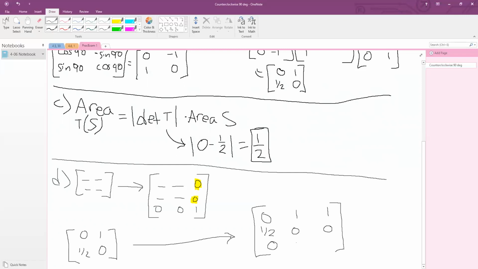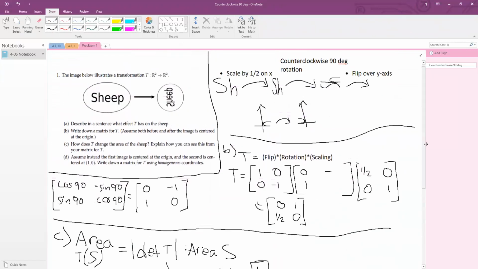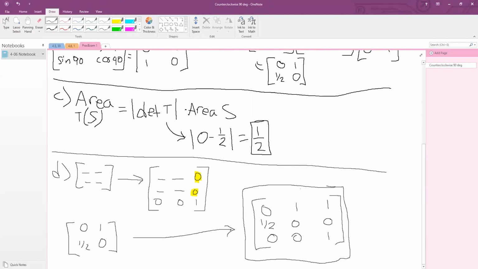And the bottom row can just be filled in 0, 0, 1. And there you have it. So this is your final homogeneous matrix that does all the same things, and then at the end also translates. You could imagine a separate matrix in here that translates this over 1 in the x direction. So this does 4 operations to this thing. And that's about it for that problem. And that's all I have for you guys. So I'll see you all next week.